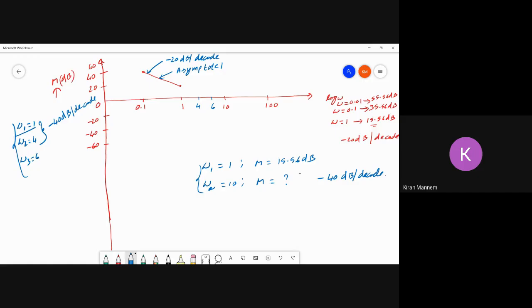So what would be the minus 40 dB per decade? We should add them, right? So 15.56 minus 40 dB. So what's the value? Can anyone tell the value? Correction.